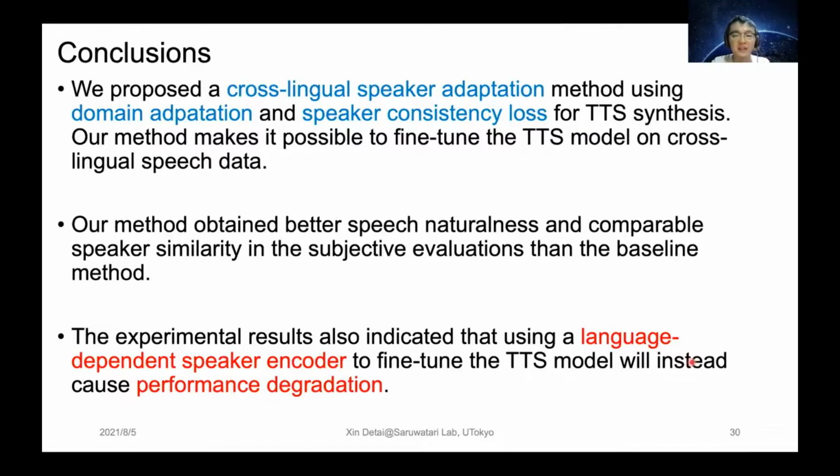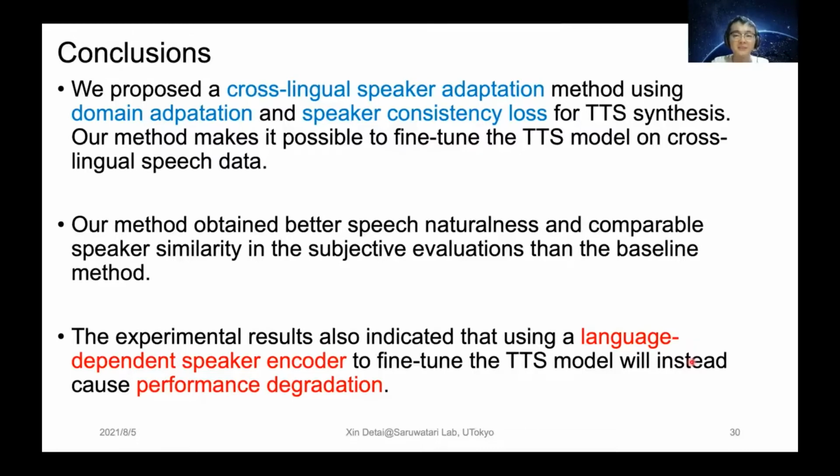To conclude, in this work, we proposed a cross-lingual speaker adaptation method using domain adaptation and speaker consistency loss for TTS synthesis. Our method makes it possible to fine-tune the TTS model on cross-lingual speech data.